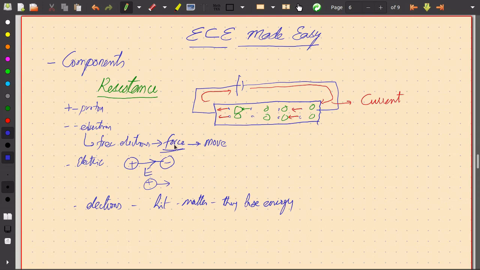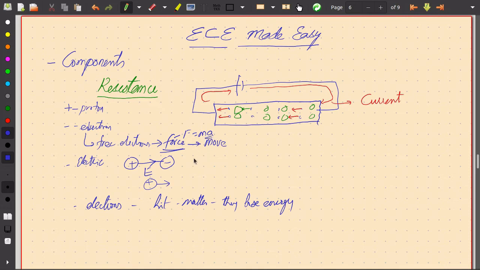So under force there is acceleration created, so every electron has got its mass, and because of force due to the electric field there will be an acceleration.